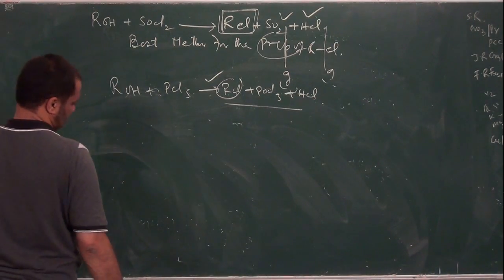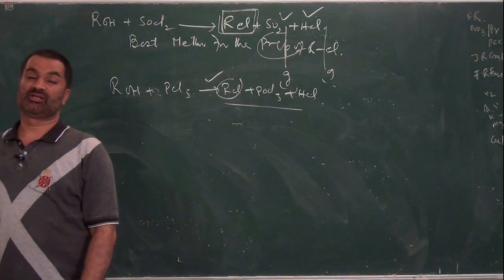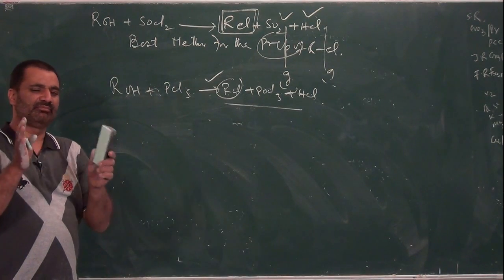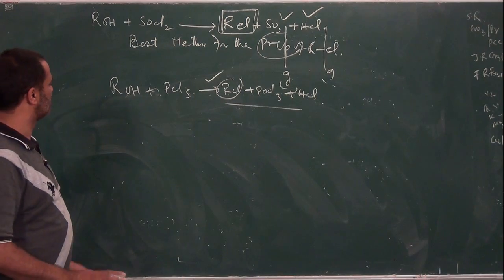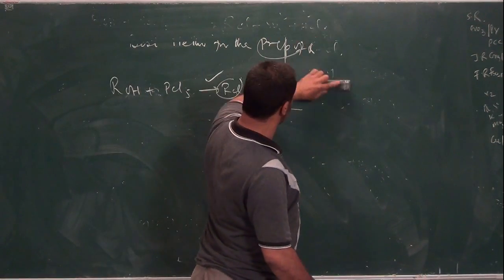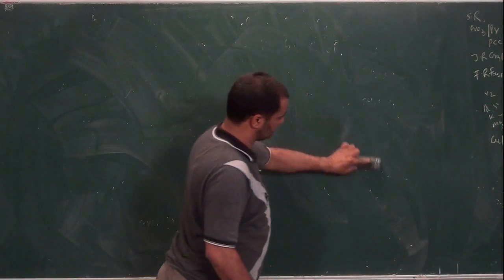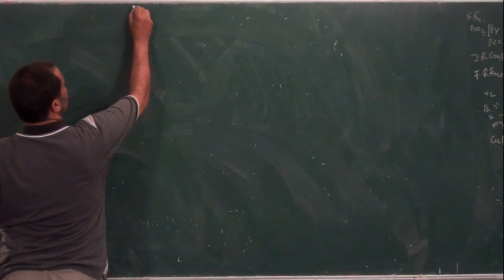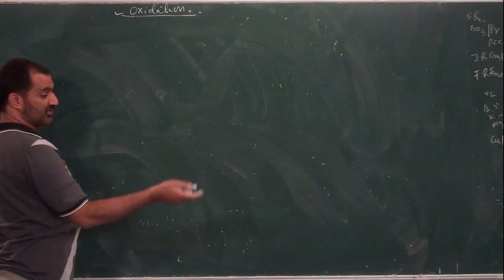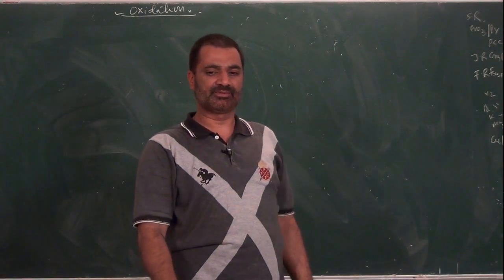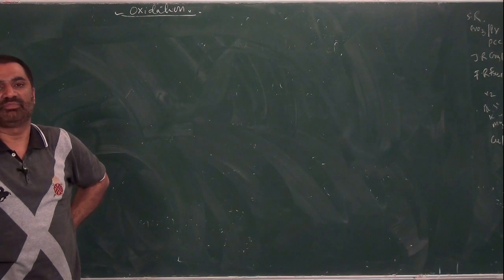Now the most important reactions of alcohols are oxidation. That is our main concern. Before this, we discussed the action of alcohols with halogen acids, thionyl chloride and PCl5.